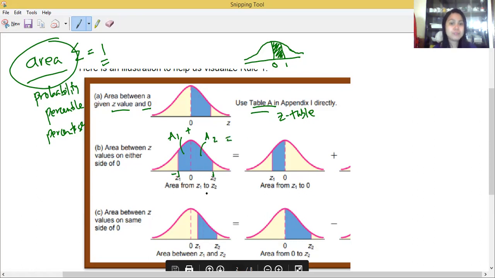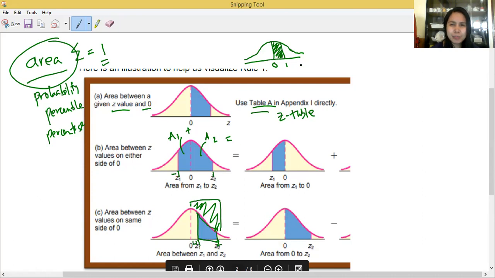But if you are working from a positive to positive, like this one, example 1 to 2, rule number 1 states that we need to subtract them. This is area 2, and this is area 1. You subtract them, and you'll be left with this area.